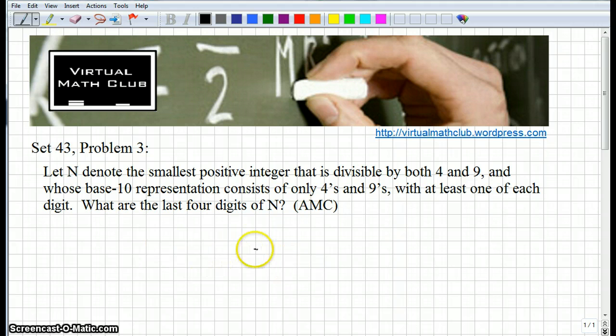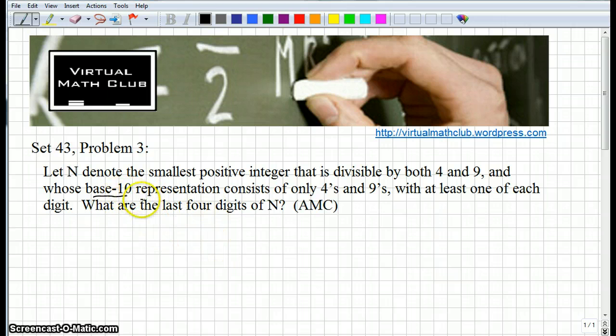Alright, so we can only have 4s and 9s in this number. Now, don't worry too much about this base 10 representation. You might know base 2, which is binary, or hexadecimal, but you don't really have to worry about it.